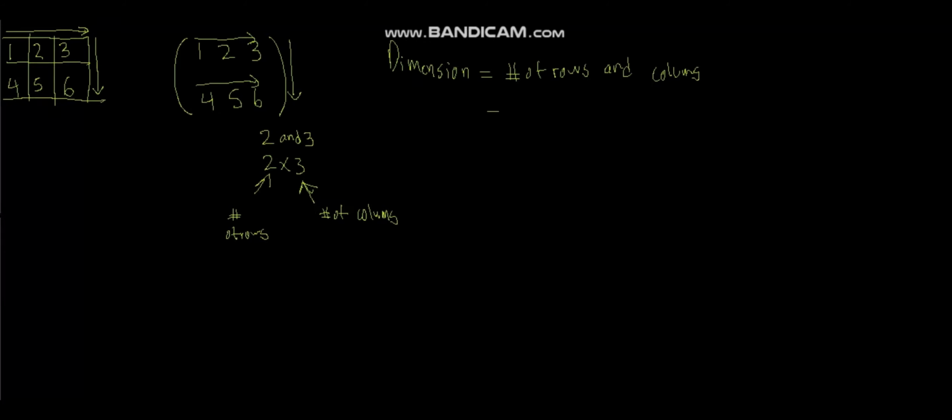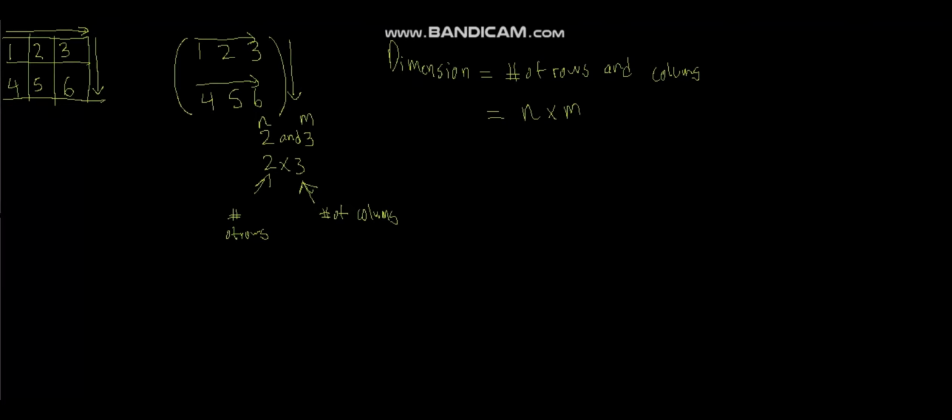It is usually denoted by n by m. So here would be n, here would be m: number of rows by number of columns.